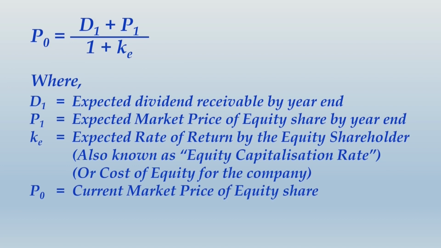P0 is the current market price of the equity share that you want to find out. Friends, every time you solve a question, you must write up the definition of these variables. If you don't, you will not be able to score marks. If you just write the formula of Gordon's model, put in the values and make the calculation, it's not going to work. You should define these variables.